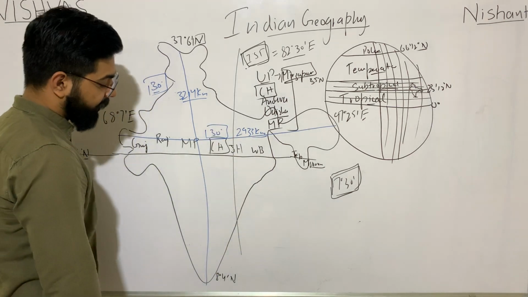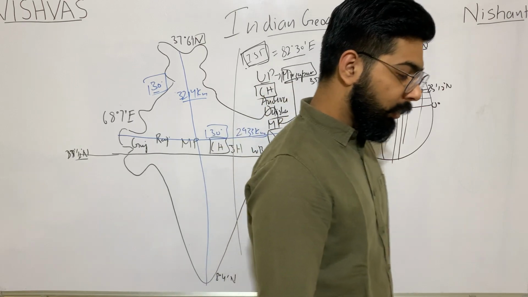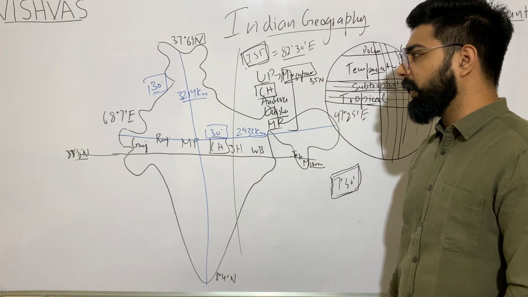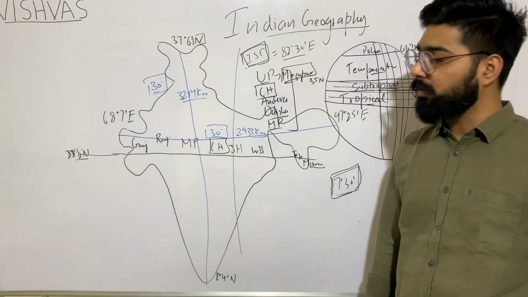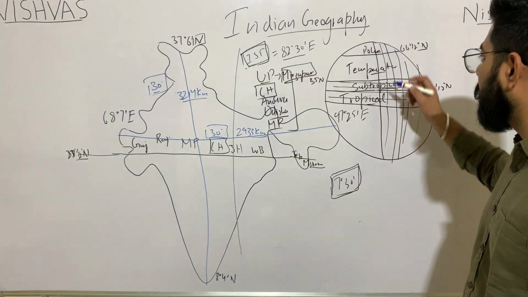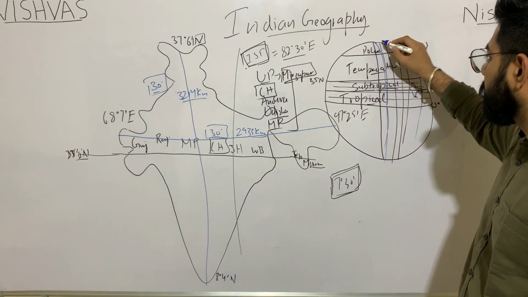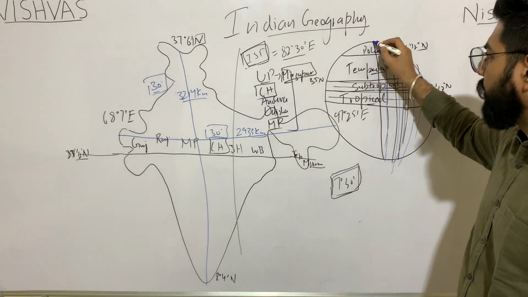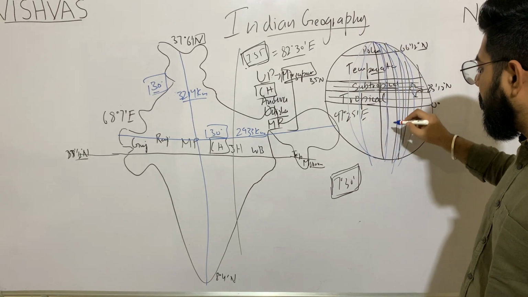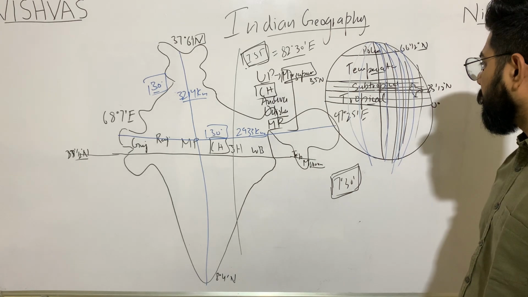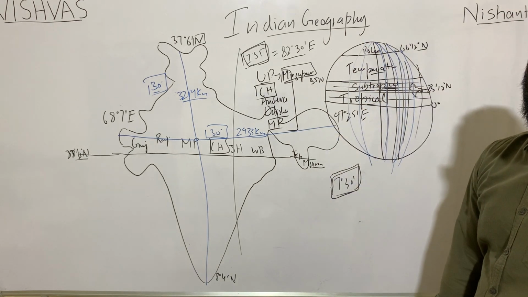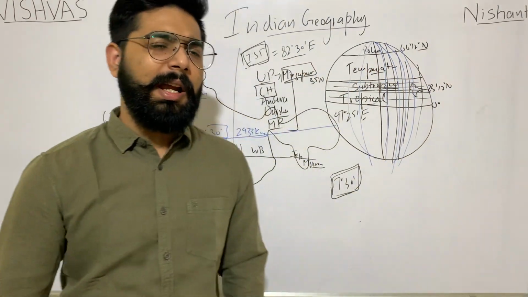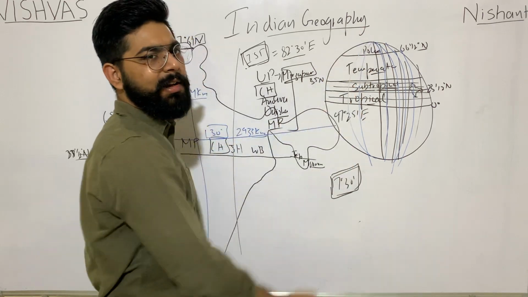Now why is there a difference? If the difference of the degrees is the same, then why is there a difference? The difference is because each of the longitudes originates from the North Pole and ends in the South Pole. So as we move towards the poles, the difference between longitudes keeps on decreasing, and at the end it comes to zero when they meet at 90 degrees.